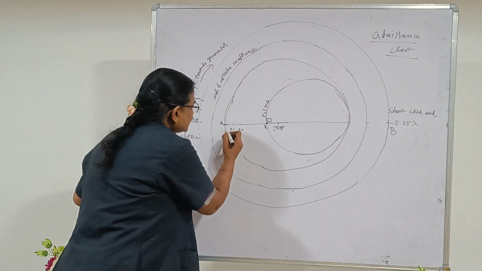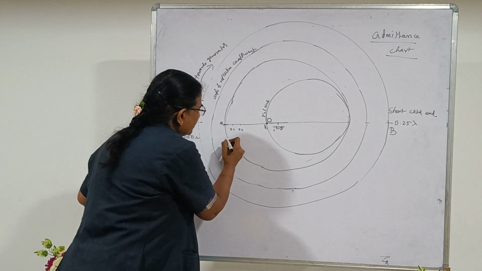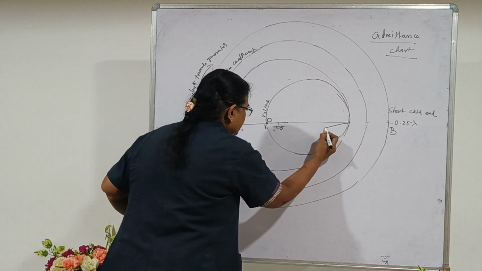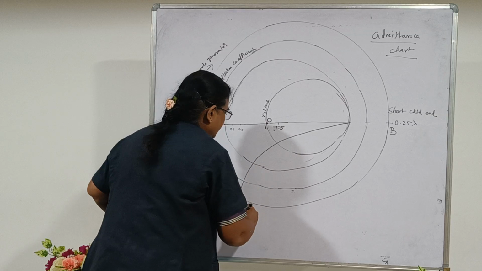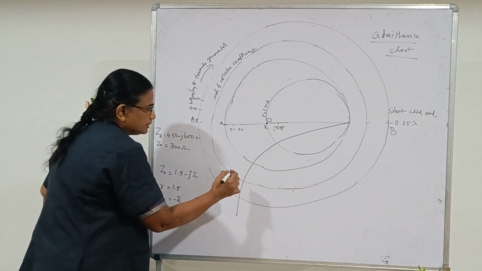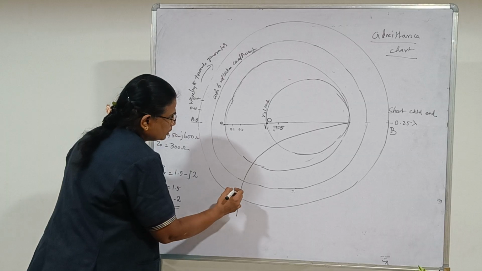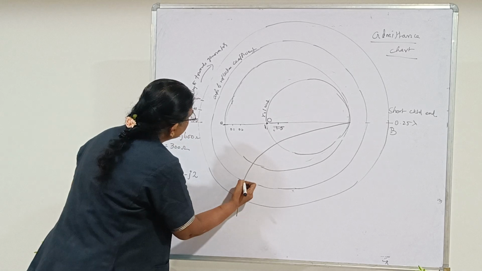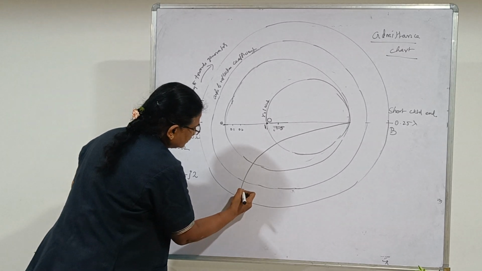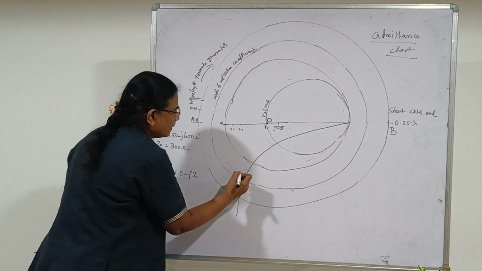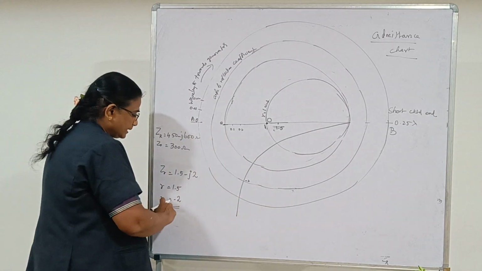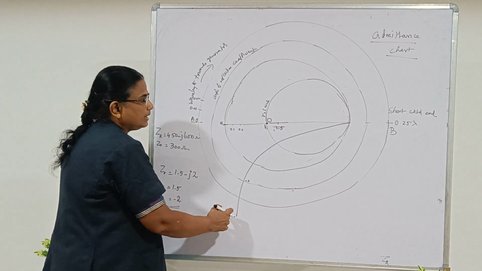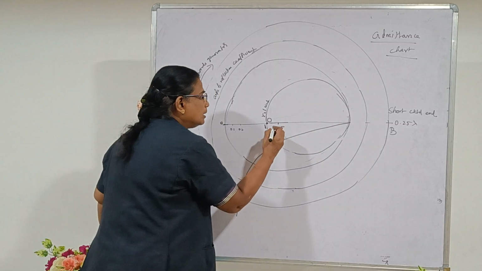Here you have 0, 0.1, 0.2 like that, and you consider the circle lying below the horizontal axis. Let me take this. This is the X equal to minus 2 circle. Since the reactance is negative, we consider the set of circles lying below the horizontal axis.